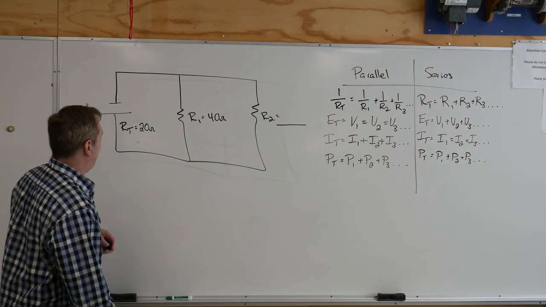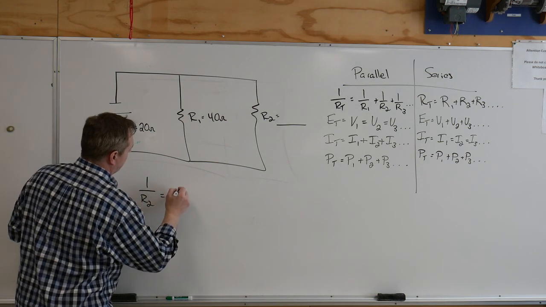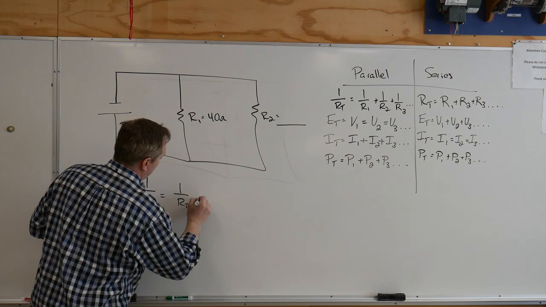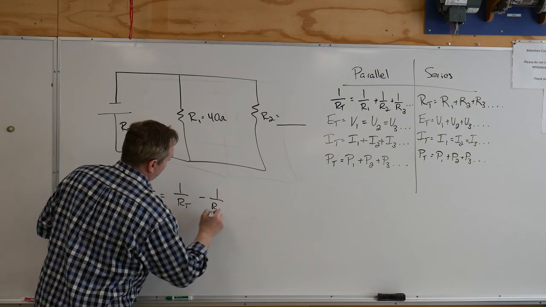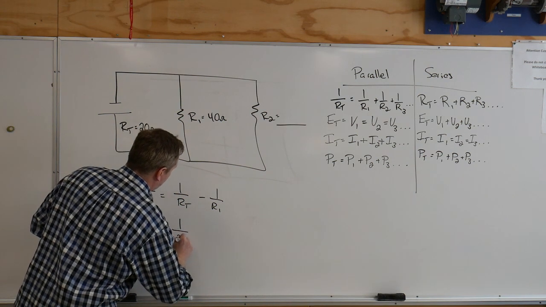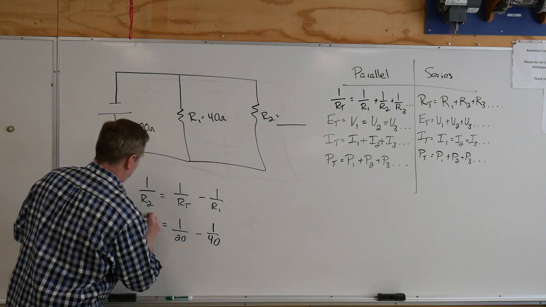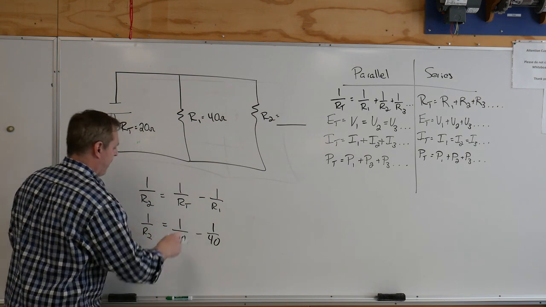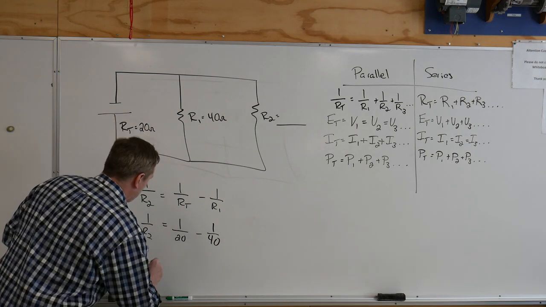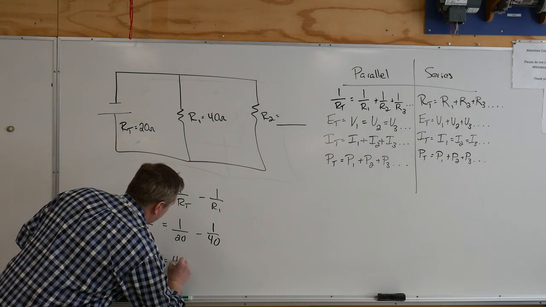How would we solve for that? We would go 1 over R2 is equal to 1 over R total minus 1 over R1. In other words, 1 over 20 minus 1 over 40 would give us 1 over R2. And if you computed all that out, you will see that R2 equals 40 ohms.